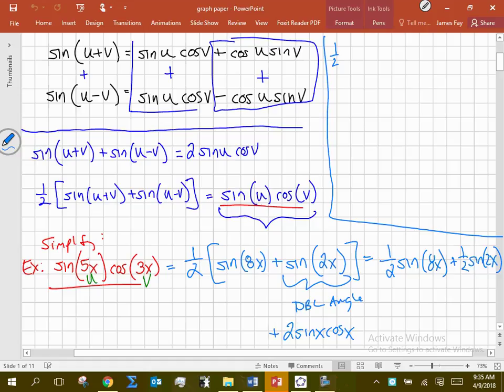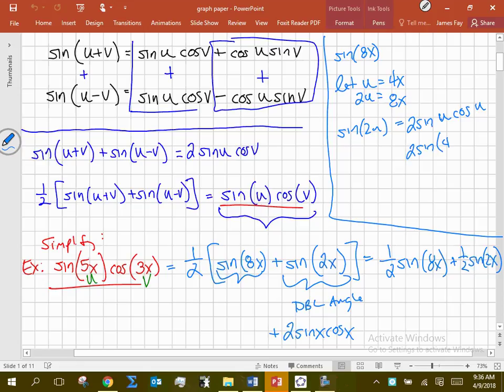Plus then, now this thing's kind of ugly, but can't I take sine of 8x and say, well, maybe u equals 4x? If u equals 4x, what's 2u equal? 8x. So now can I do a sine of 2u, and that becomes 2 sine u cosine u, and that turns into 2 sine 4x cosine 4x, right?